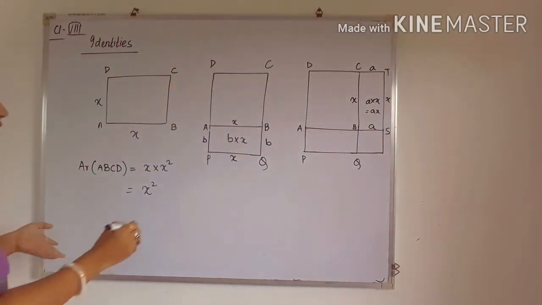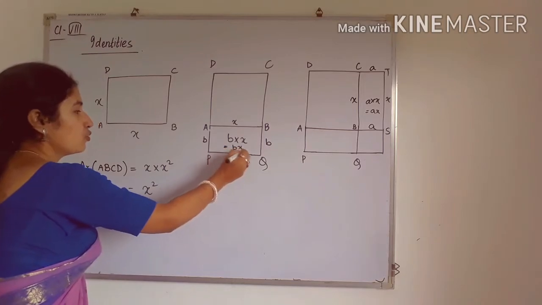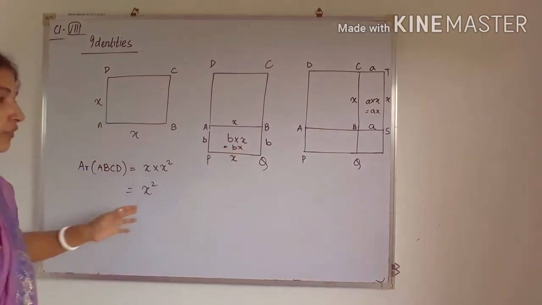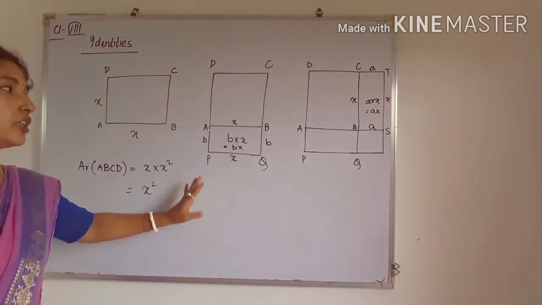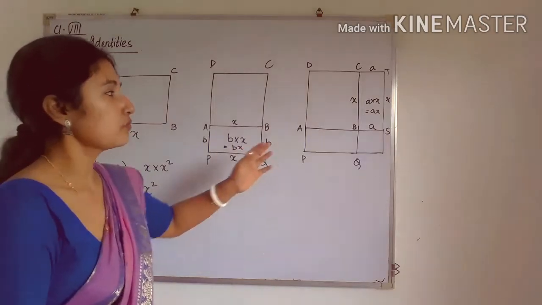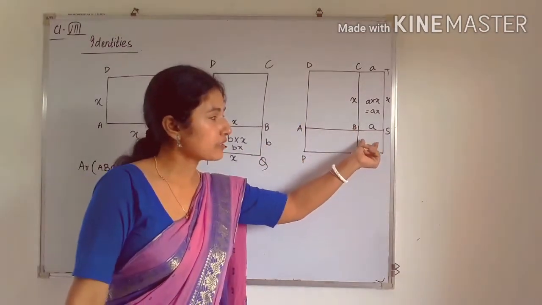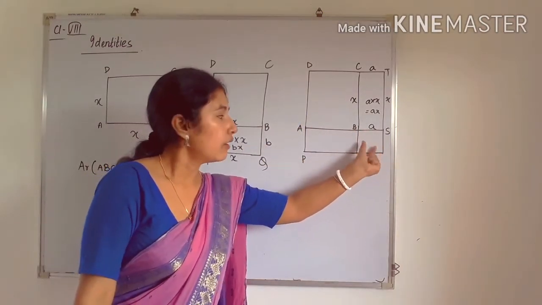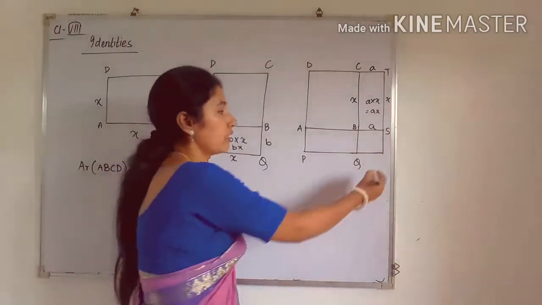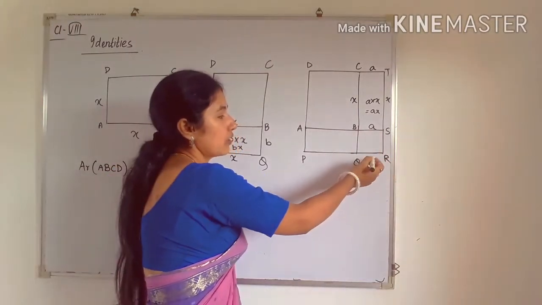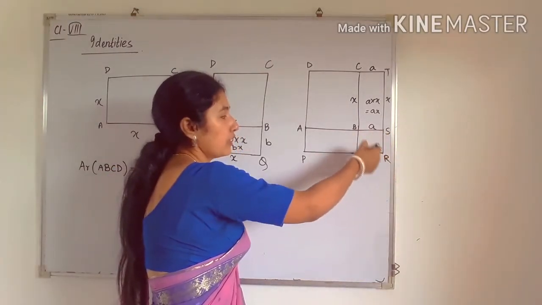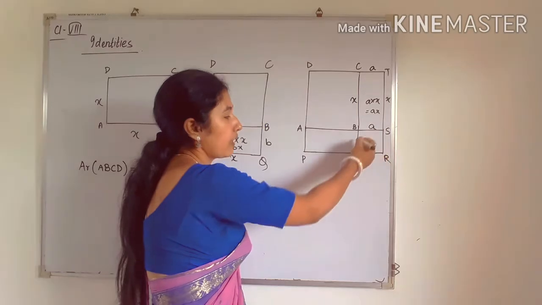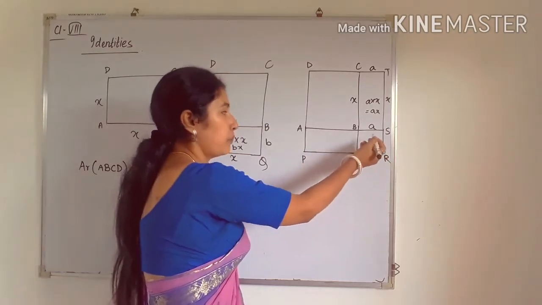This is very simple, see. So one by one I am going to do the area part. I will write it below each diagram. So see here, again one small region is there. So let us name this one. This is QRSB. Okay, what is the length and breadth of this particular rectangle?